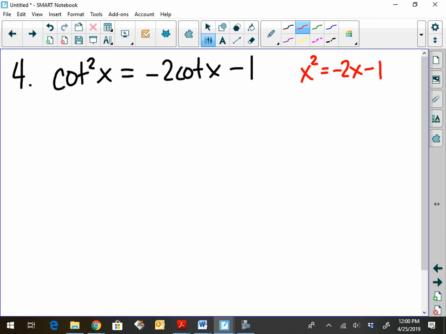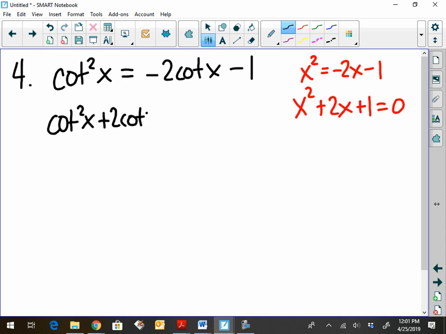So what we would do here is we'd say, okay, let's move everything over so that we're equaling to 0. So we're going to do the same thing here. Cotangent squared of x plus 2 cotangent of x plus 1 equals 0. Now, we're going to think about this quadratic, and some of you are able to do this in your head.